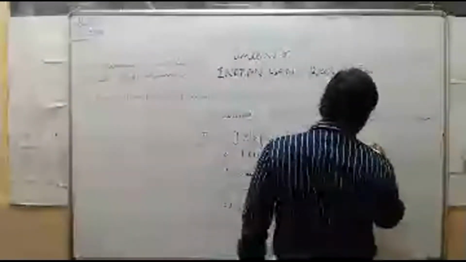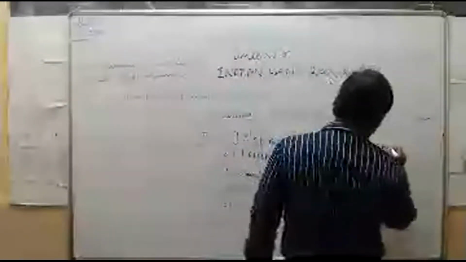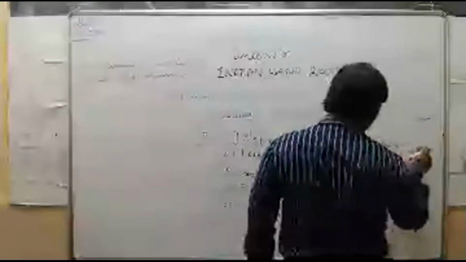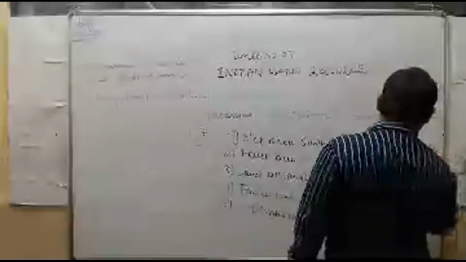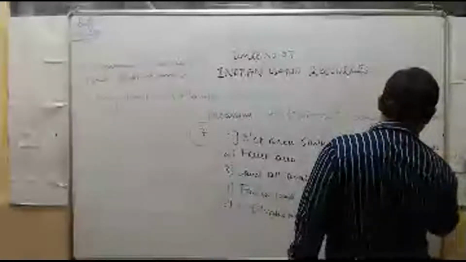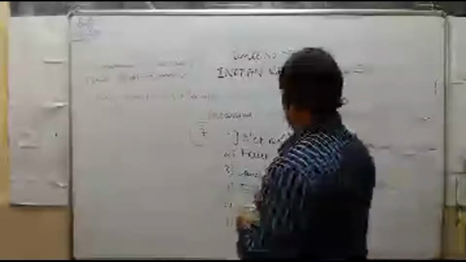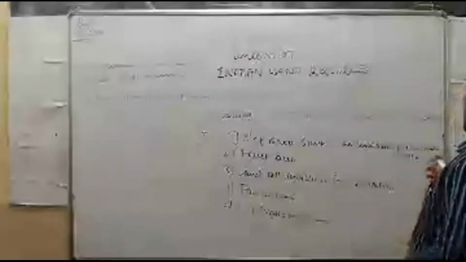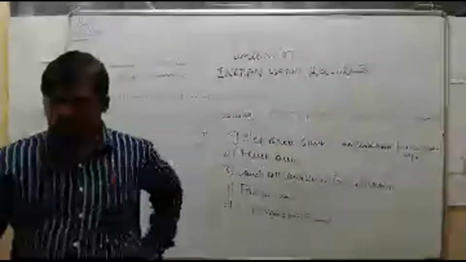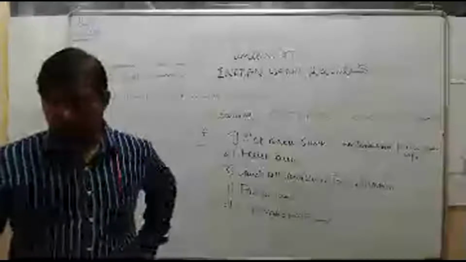The land that is used to cultivate crops is called the net area sown.